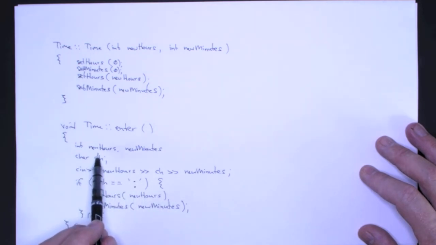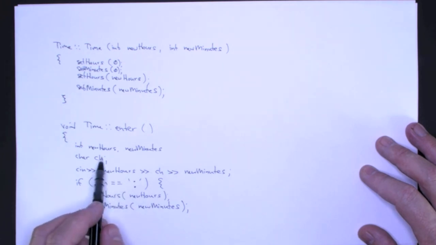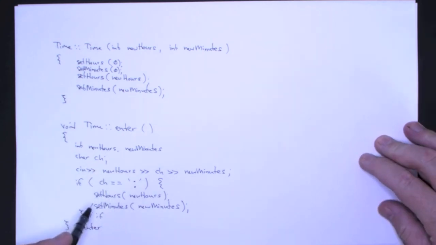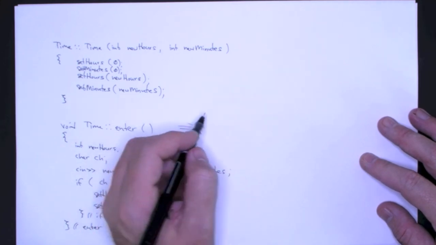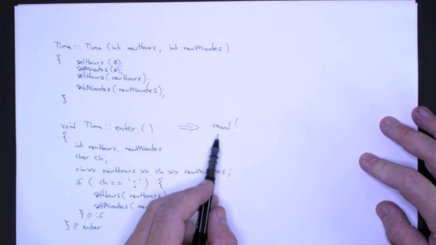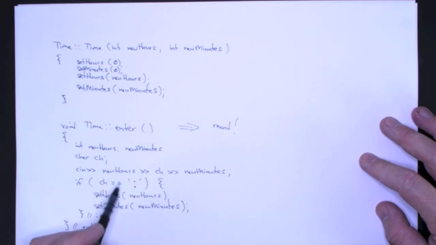We did that by storing these values in local variables so that we can check them, making sure that any invalid values in these local variables don't find their way into our private data members. You also need to do something similar for the read method, and I'll let you do that also, because that would be an opportunity where you could read some bogus information coming in off the disk or off the network. But it should be similar to this, although remember that we're not reading the colon in the read method.